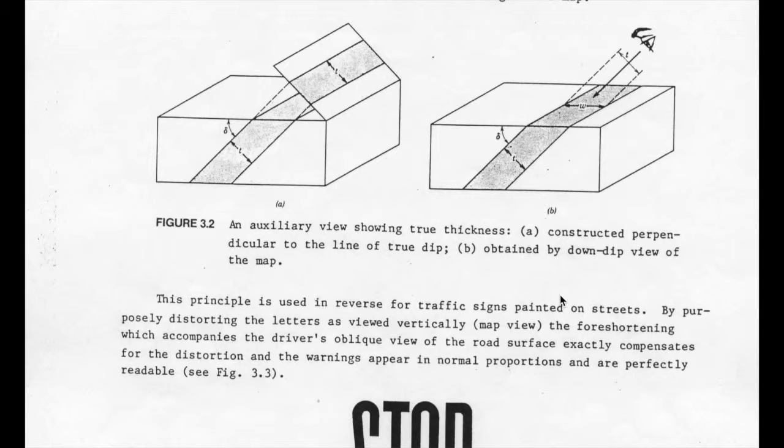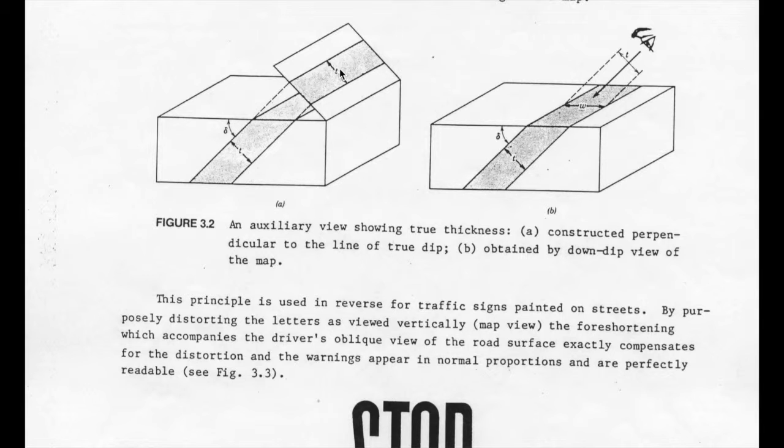So continuing on with this handout that I'll give you, if you want to know the true thickness, you can look at it down sort of in the direction of dip. So he's looking down the direction of dip.